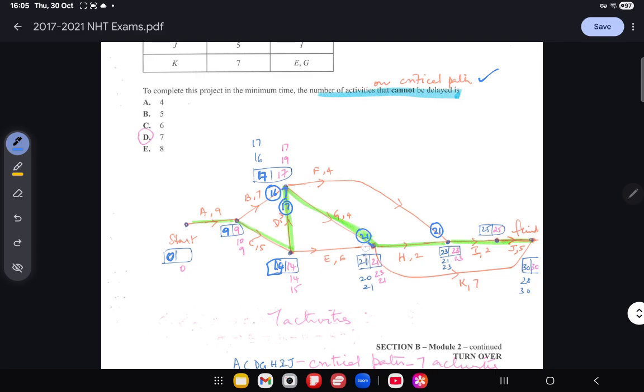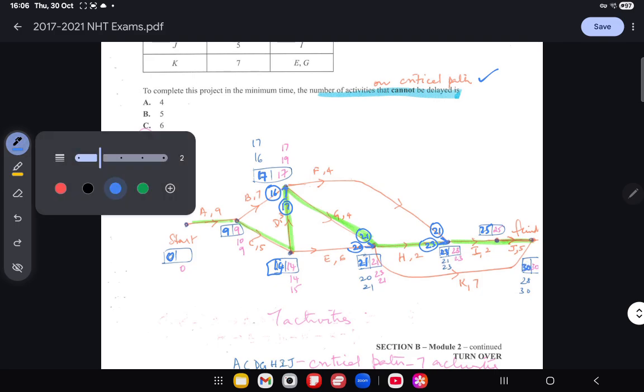But here there are two options, because if you come along E, 14 plus 6 is 20, and the greater number being 21. And so along H, 21 plus 2 is 23. Now there is an option here of 21 and 23, and the greater number is 23. Now going along I, 23 plus 2 is 25. That's this one here. And 25 plus 5 is 30, which is the complete finishing time.